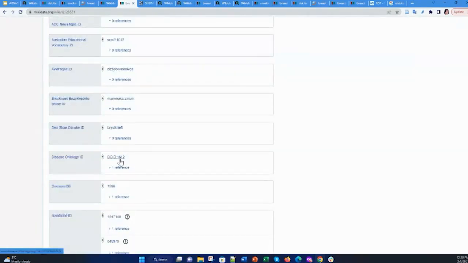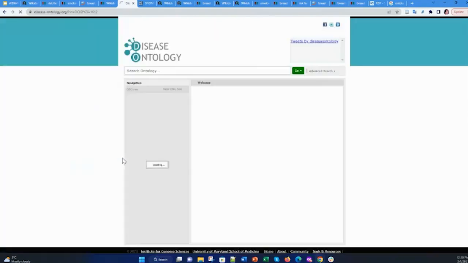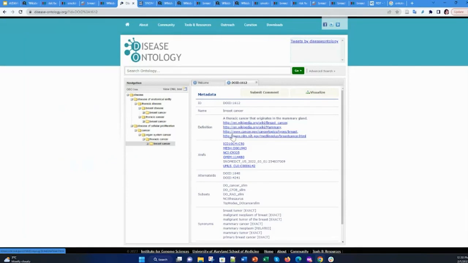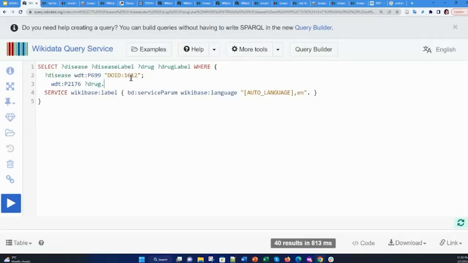Here is the concept with identifier 1612 corresponding to breast cancer. This is the ID in the disease ontology related to breast cancer. I'm looking for breast cancer and also for drugs or therapies used for its treatment.